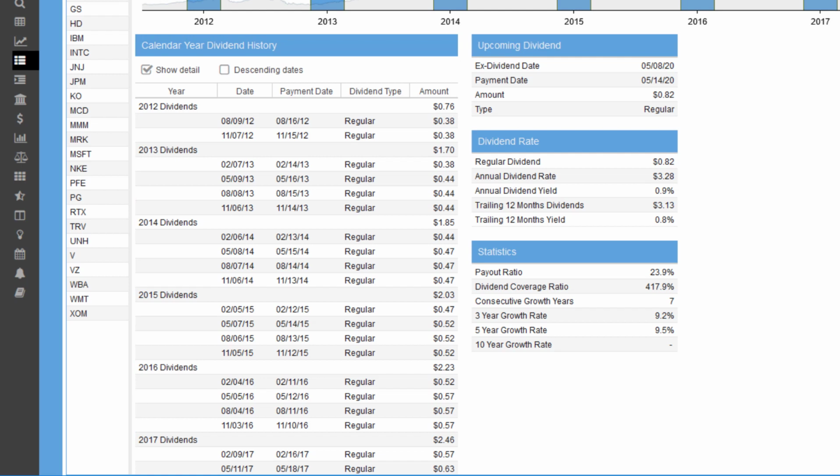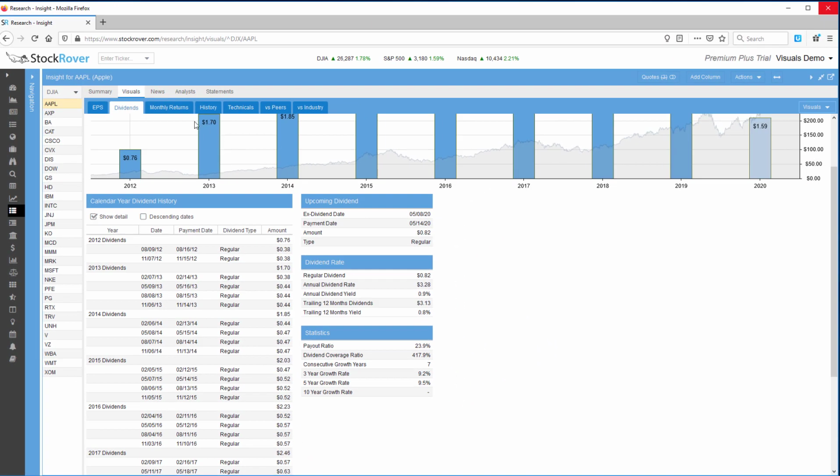Also included is upcoming dividend information, as well as information on the dividend rate the stock pays. Key dividend statistics are displayed including payout ratio, as well as its inverse, dividend coverage ratio. Also included are the dividend growth rates over different periods of time, so you can determine whether dividend growth is slowing.